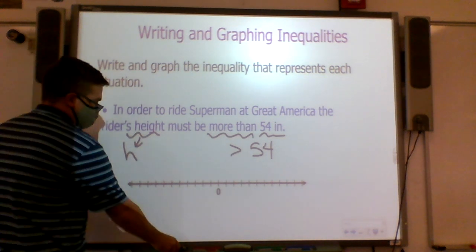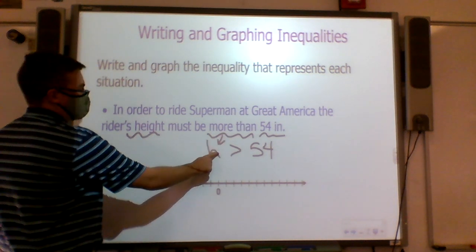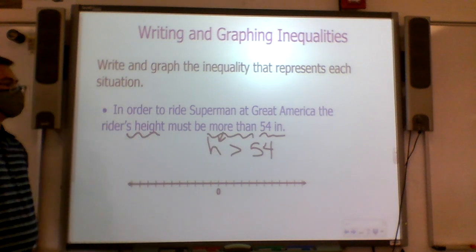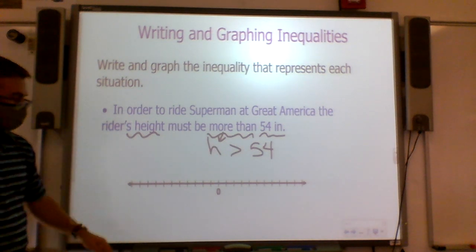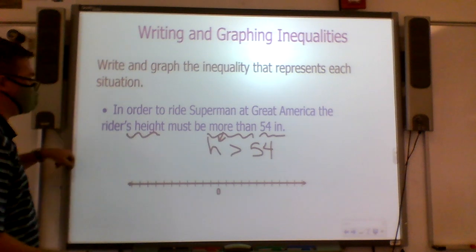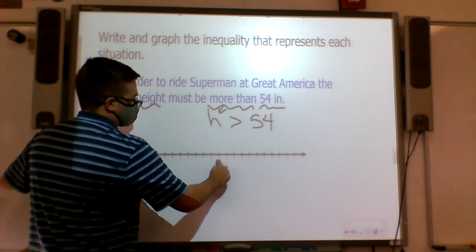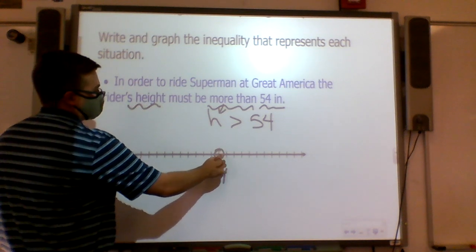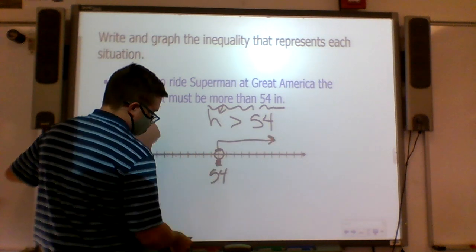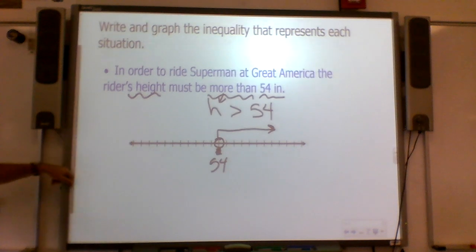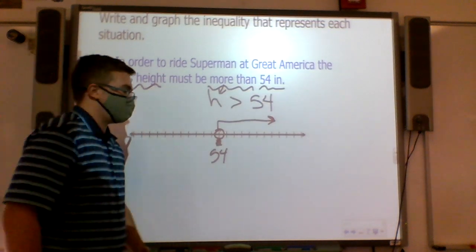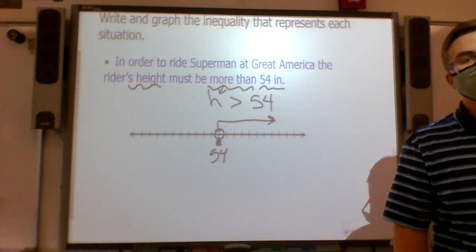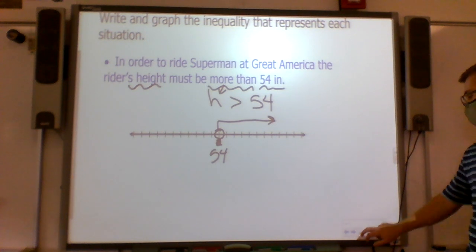So we've got h is greater than 54. On a number line, I'll put 54 in the middle, open circle on 54, shaded to the right. So all it is is translating the statement into an inequality.